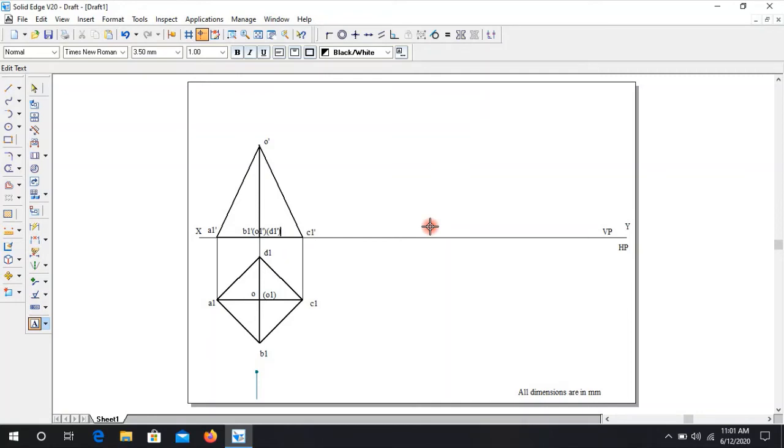This procedure is similar to all the previous problems. To find the base inclination, 90 degrees minus axis inclination with respect to HP. So 90 minus 40, that is 50 degrees. So 50 degrees will be the base inclination with respect to HP. So I have to copy the same diagram from the first step to the second step, but the base will be making 50 degrees with respect to HP.